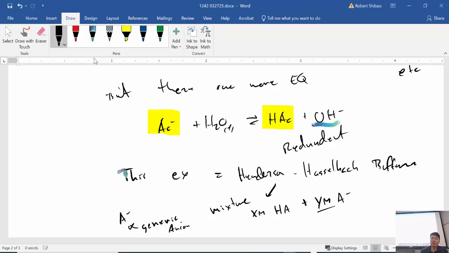We need both present in significant concentration. Both must be present initially in significant concentrations. In other words, we can't just have HA and say, okay, it's going to collide with water and produce A minus. That amount of A minus is too small to classify as a buffer.